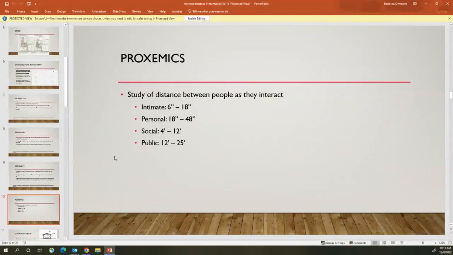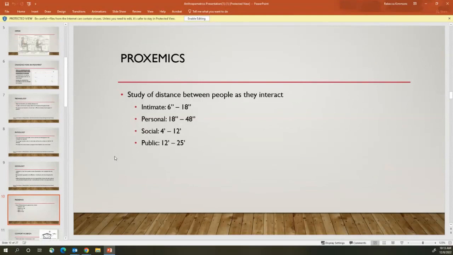So proxemics. This week is apparently the week of big scientific words and what they mean. But they're all interesting and they all play a big part in a successful space plan. Proxemics is the study of distance between people as they interact.